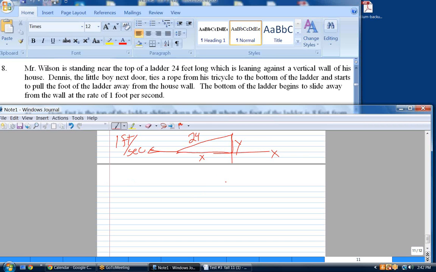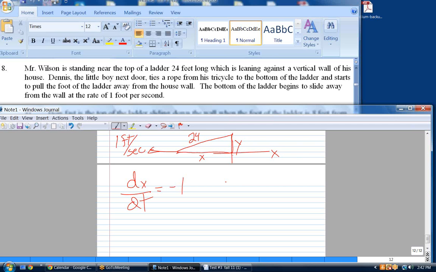So what they have told me is that dx/dt, the derivative of the horizontal movement with respect to time, is equal to -1 foot per second. And it's minus because I've set up a grid system here, and to the left is negative, to the right is positive.